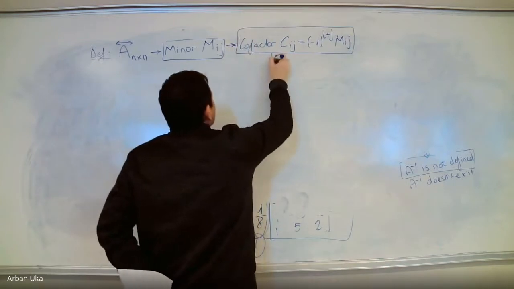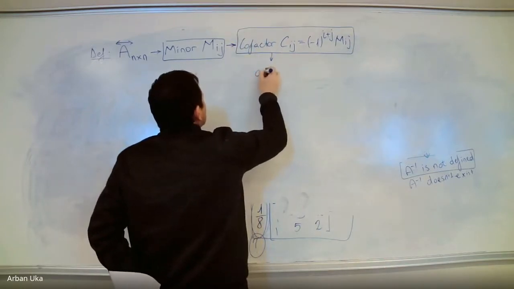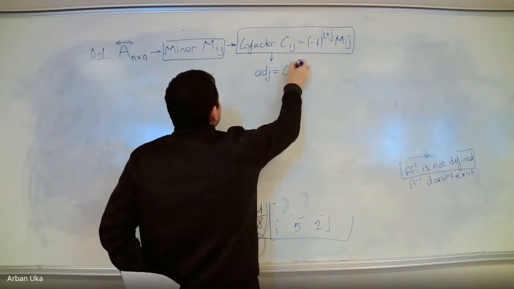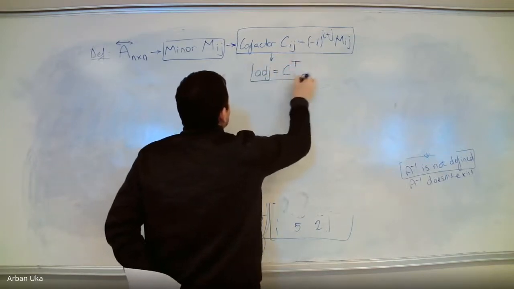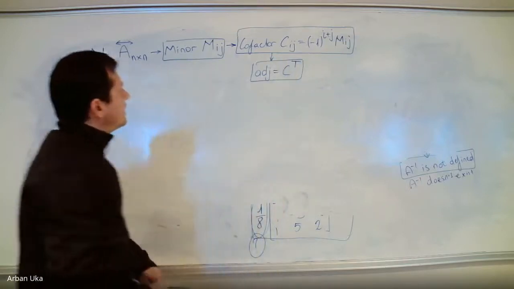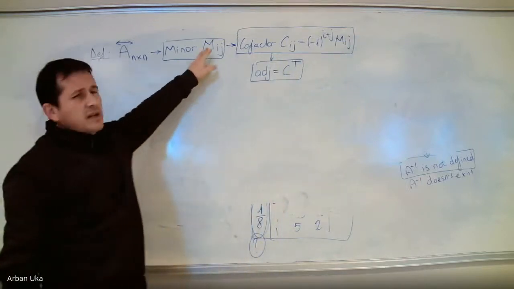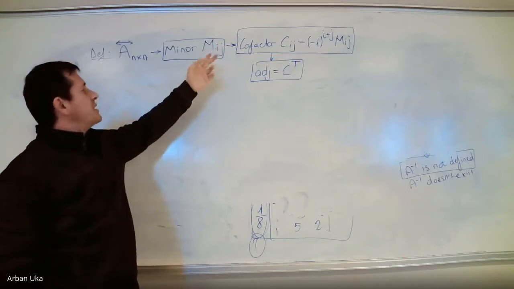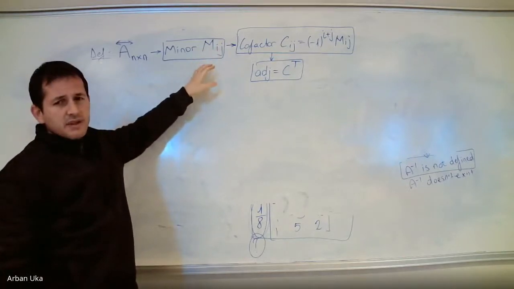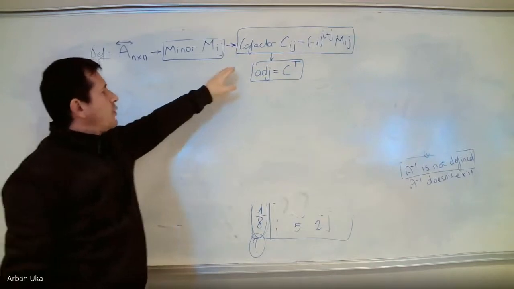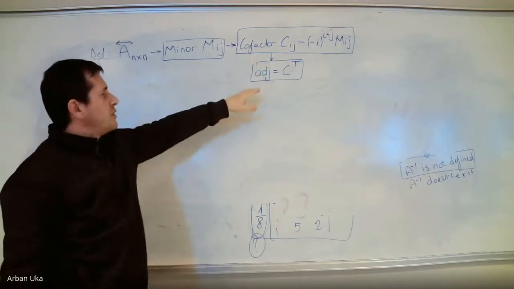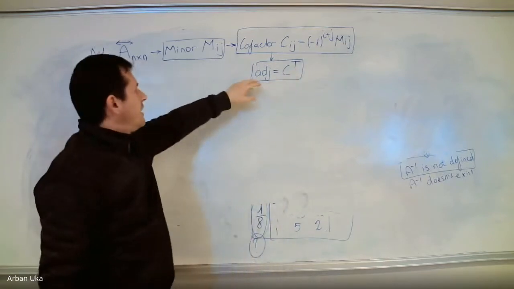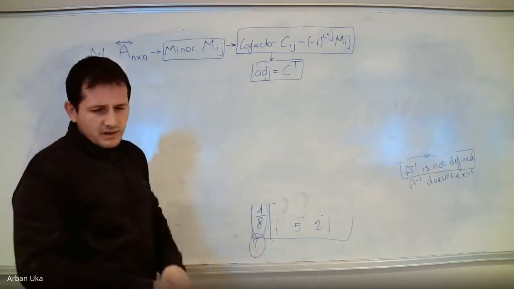Then we define the adjoint, which is equal to the cofactor transpose. If we see this element Mij, where i and j are numbers, this means that these minors are numbers. Cofactors form a matrix, because it involves a lot of elements Mij. The adjoint is another matrix.